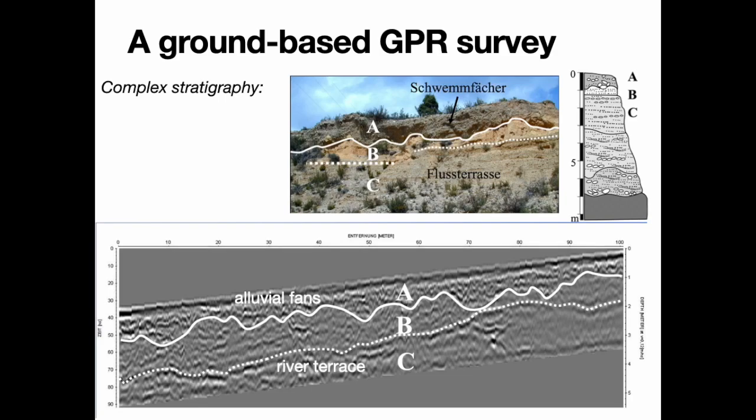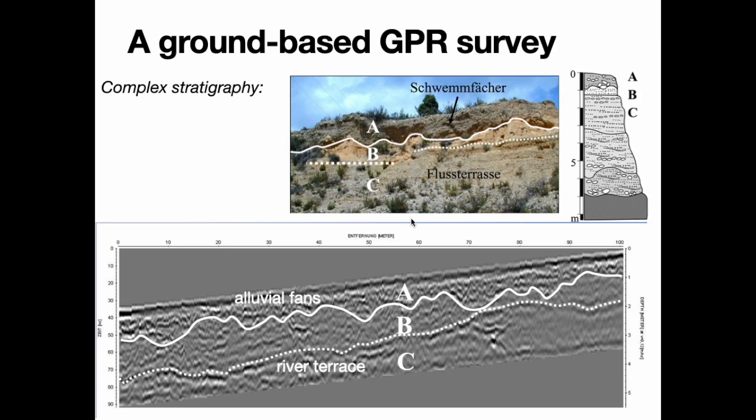Another example here is a complex stratigraphy. So we have a stratigraphy with different layers and erosion surfaces. You see alluvial fans at the surface, some river terrace at the bottom of the sequence, and different types of loose sediments that are stacked in between.